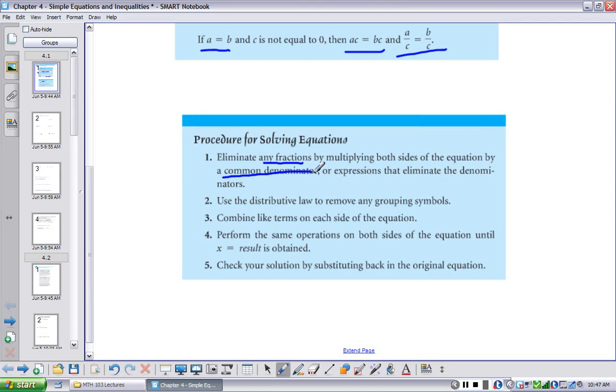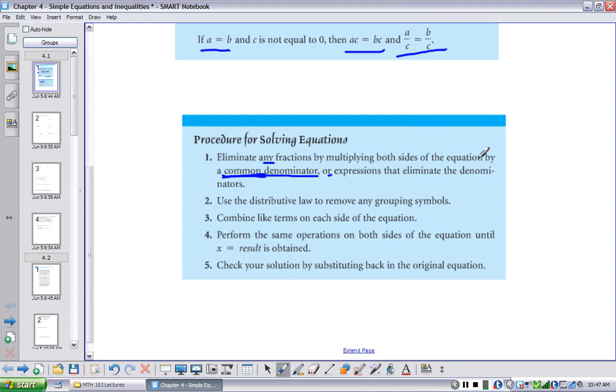The common denominator is the least common multiple of all of the denominators you have listed. So you get a common denominator, and what you do is you multiply every single term on both sides of the equation by that common denominator. If you have truly done this, then you will have gotten rid of all the fractions in the problem.